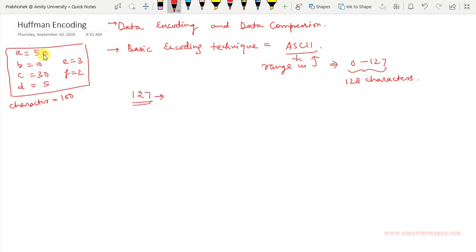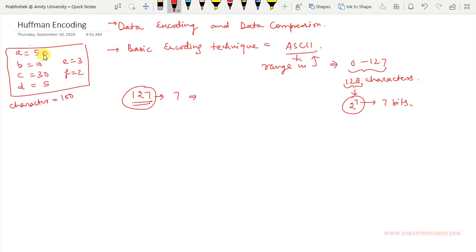How many bits are required to represent this 127? It is 2 to the power 7, so 7 bits are required. So the bits required to represent 127, which is the last value of this range, is 7.